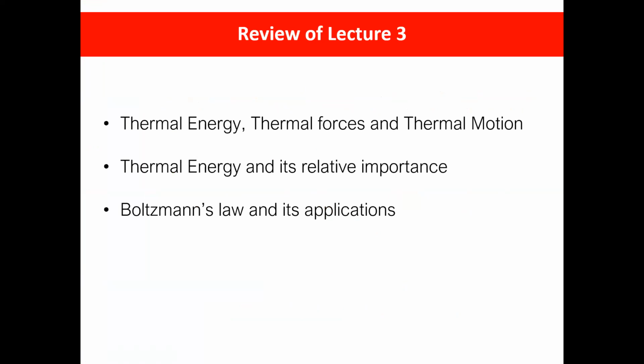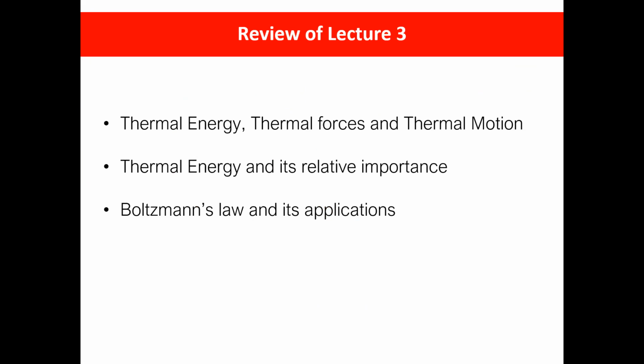So in the last lecture, we were talking about thermal energy, thermal forces, and thermal motion. And what we saw is that any microscopic object can acquire a certain amount of energy from the surroundings due to its interaction with the surrounding molecules, and that energy is given as kBT at any temperature T, and that is called thermal energy.